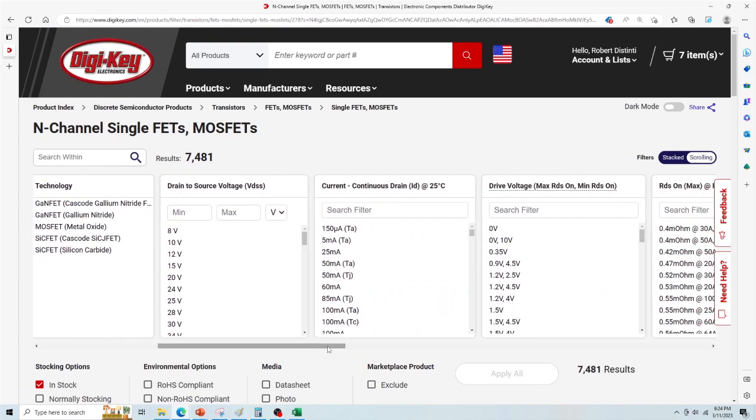Okay, so now for our continuous drain current, remember we wanted 0.3 amps, but that was our design limit. We want to use a transistor that goes from 0.5 amps to higher.